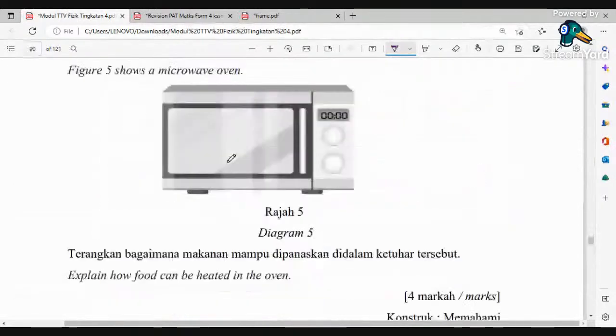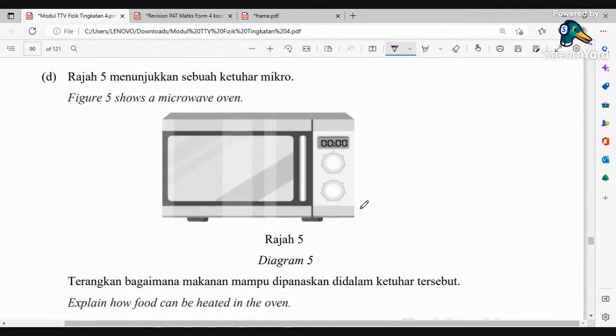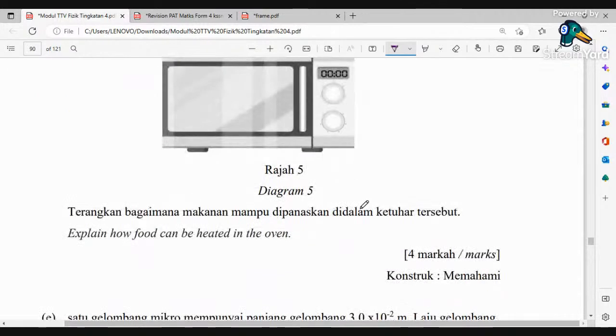Okay, part D. Figure 5 shows microwave oven. Explain how food can be heated in oven. 4 marks.